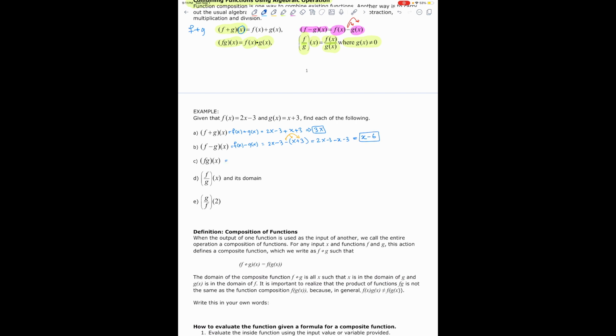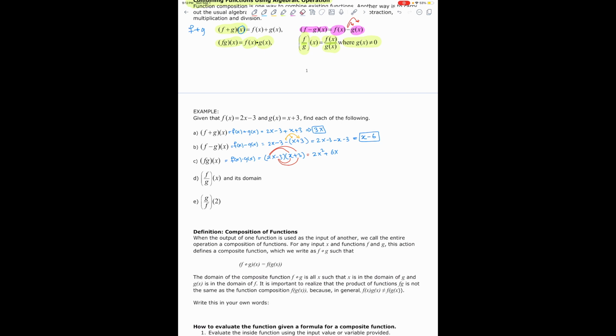fg of x means f of x times g of x. So we have two binomials in this case, 2x minus 3 times x plus 3. We multiply in this manner. So first times first, first times last, last times first, last times last. And we have 2x times x is 2x squared. 2x times 3 is positive 6x.